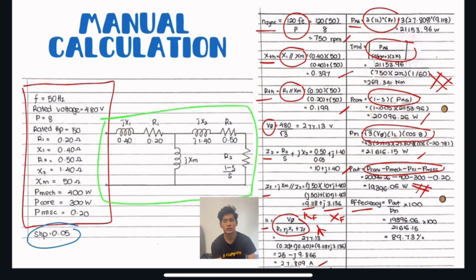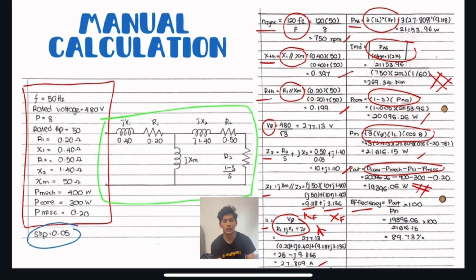mechanical losses, and power for loss, and we get the answer 80,696.06 watts.